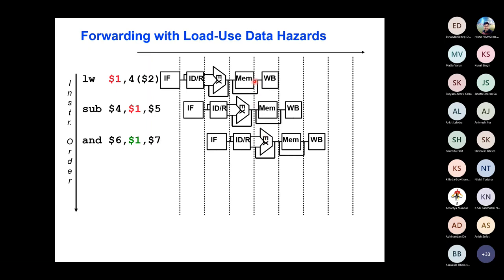However, in order to make this data available here, what do I need? I need to set up something extra. This data is available in which pipeline register? Following the memory stage, right?